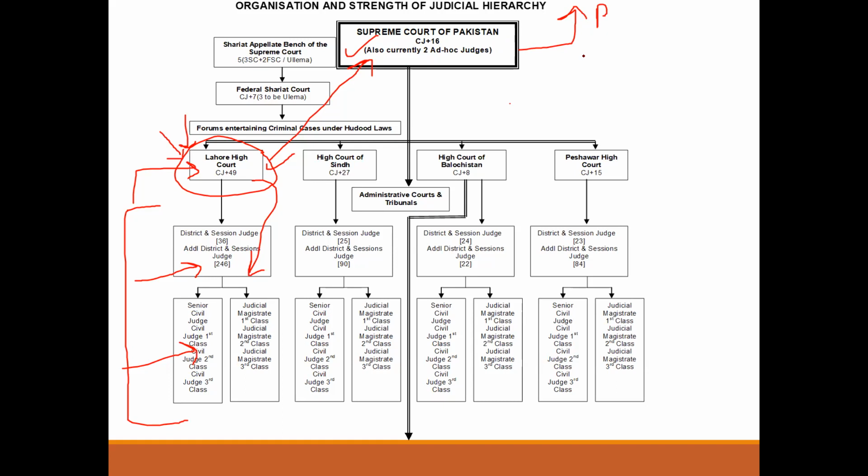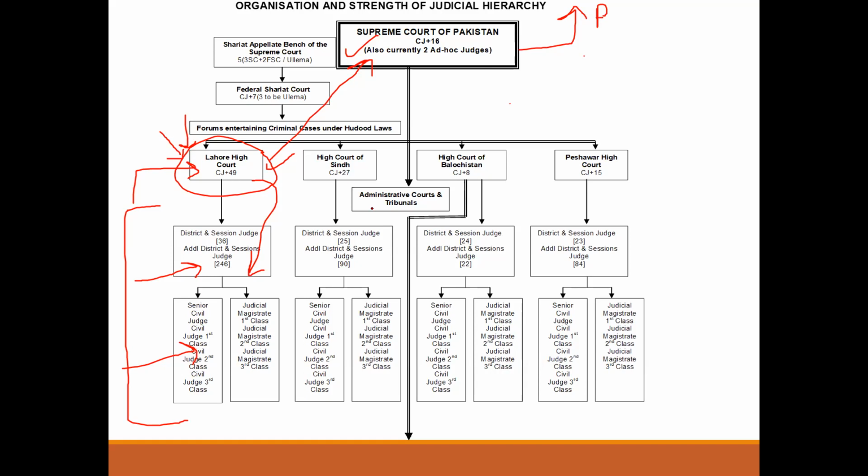We also call it Raham ki appeal. So the President of Pakistan has the power to pardon, that he or she can reduce or completely remove the punishment that has been given by the Supreme Court or a High Court or any other court.